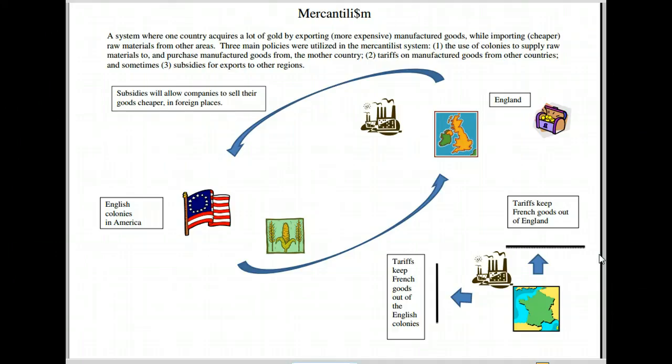And so the government will make its money regardless of what products the English consumer chooses to buy. Now look at the chart towards the bottom right corner. Do you see the arrow going from France towards England? The thick black line on top of the arrow represents tariffs designed to keep French products from going to England.